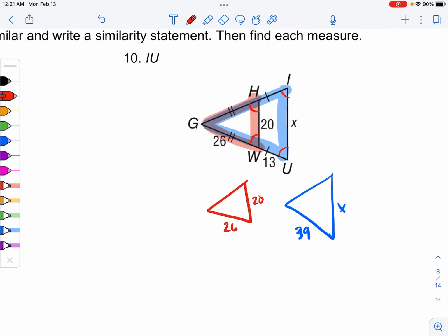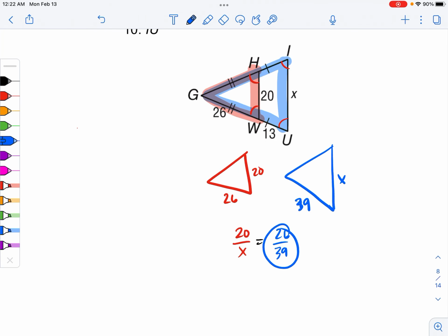So we have a 39, we have the x value here, and then the red triangle, 26, and then we have 20 here, and we could always do this proportionality problem. So we have 20 over x, so from left to right, over, and it was equal to, let's do the blue, 26 over 39. Okay. And here we could actually reduce this and make this 2 over 3.